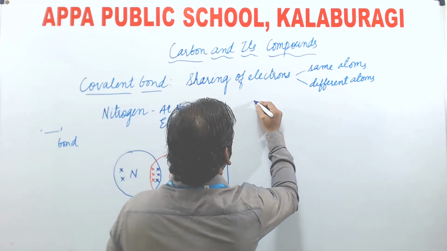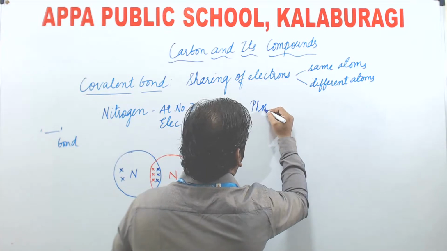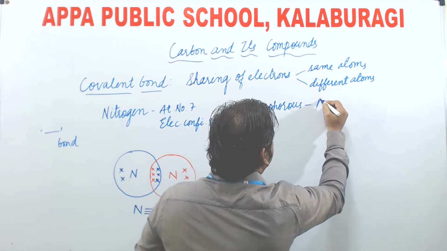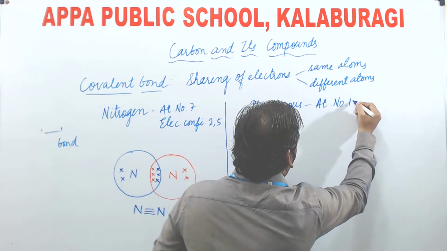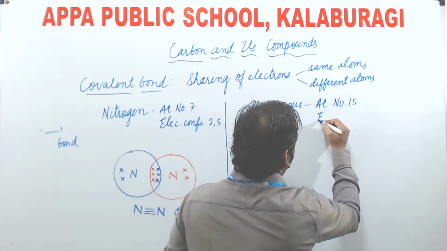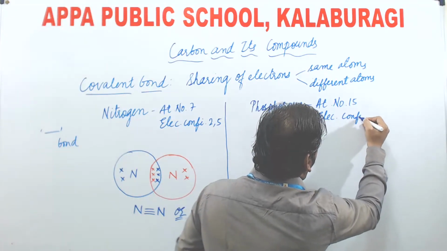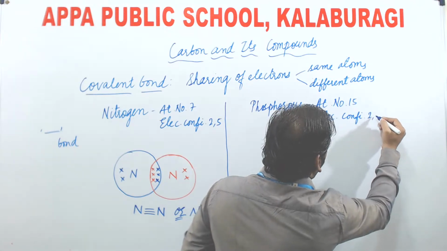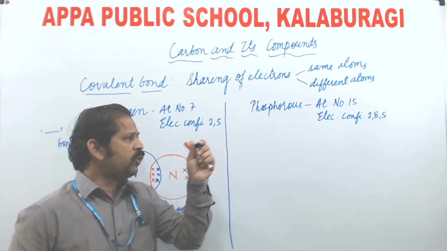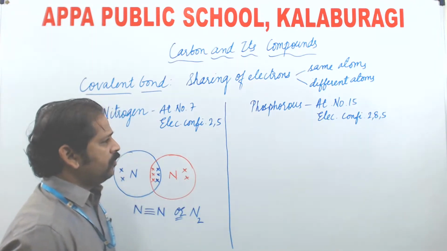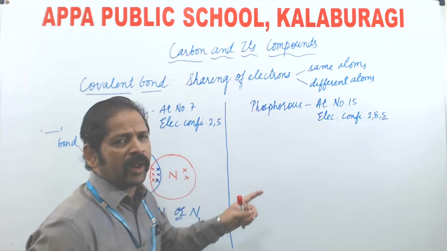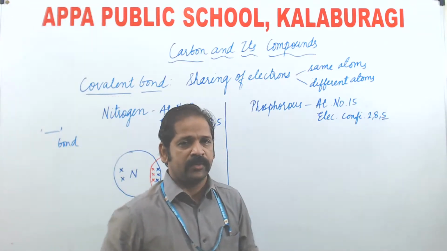Phosphorus atomic number is 15. Its electronic configuration is 2, 8, 5. There are 5 electrons in the outermost orbit and it needs three more electrons to become octet structure.